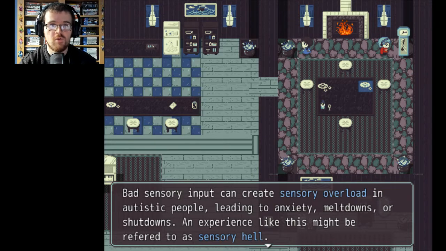Like with low voices, I can barely hear them, but with high-pitched voices, it's like a banshee, which I'd think would be the best way to describe this scenario. Sensory overload, sensory hell. If there's a way to just put it into one word, I would describe it as a banshee's wail. You know it's there, but you can't differentiate what it is, and whatever you can input, it's terrifying.